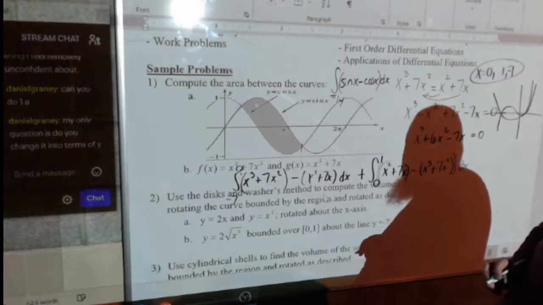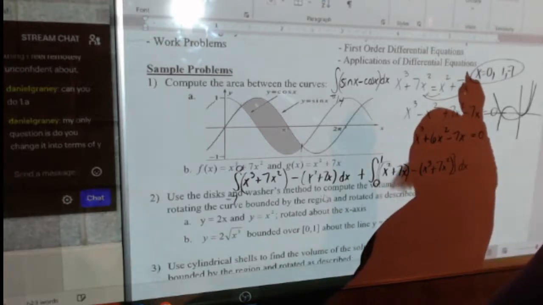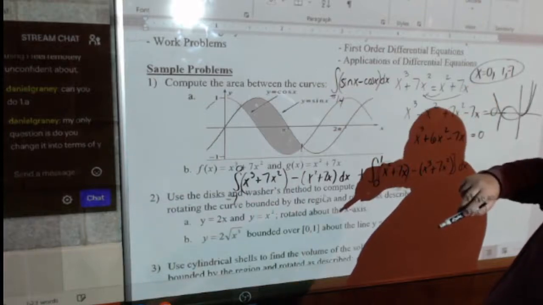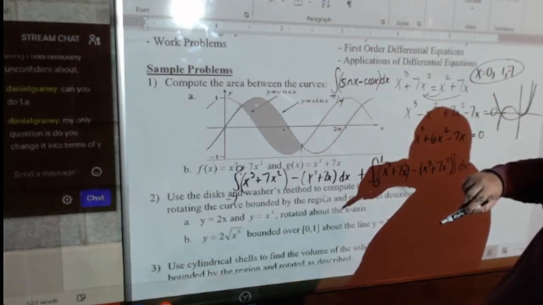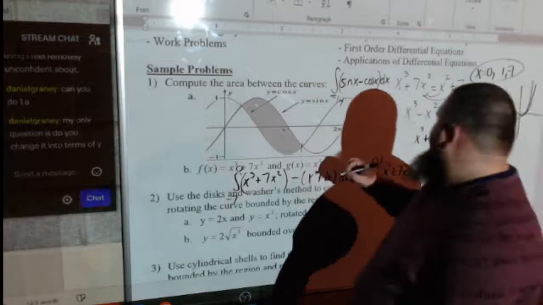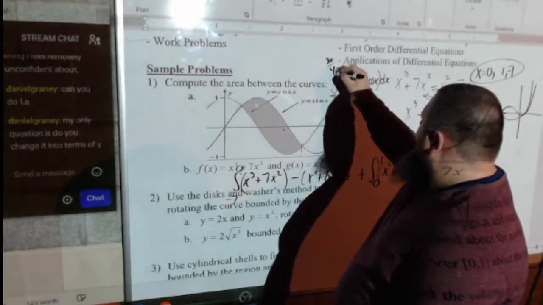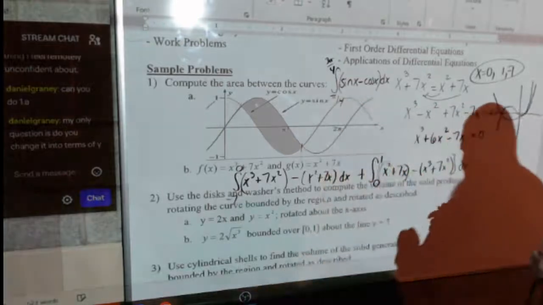Maybe, let's see. Pi over 4. Yeah. Should be 3 pi over 4.